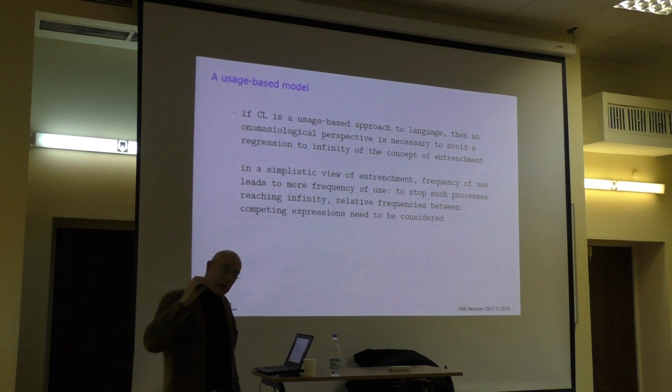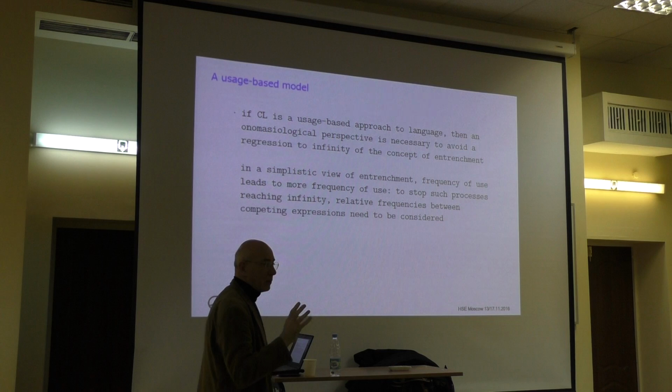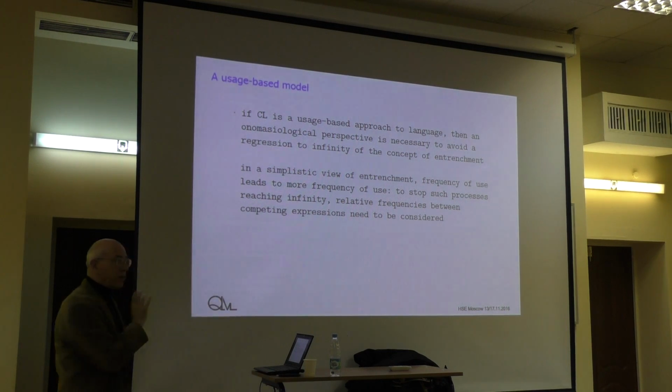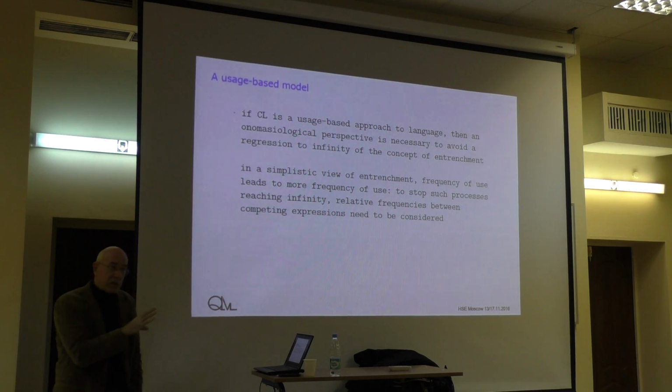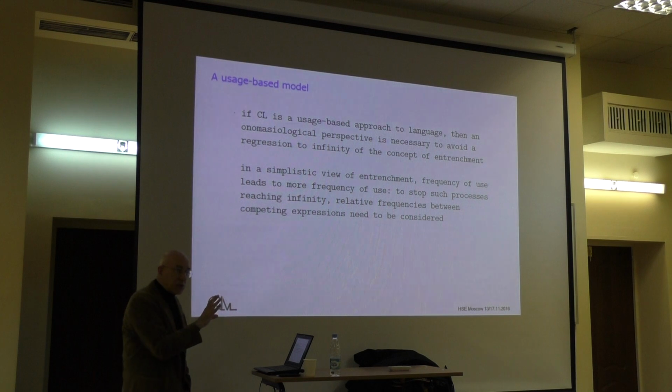You can only get away from that problem if you see that the higher frequency is basically a higher frequency in relation to alternatives. And that's also how language change happens. It's change with regards to existing ways of dealing with things.